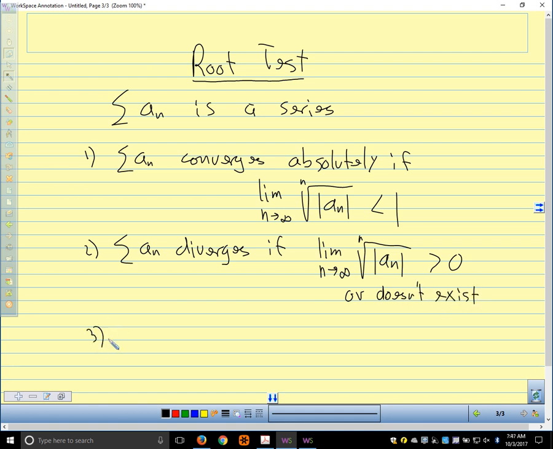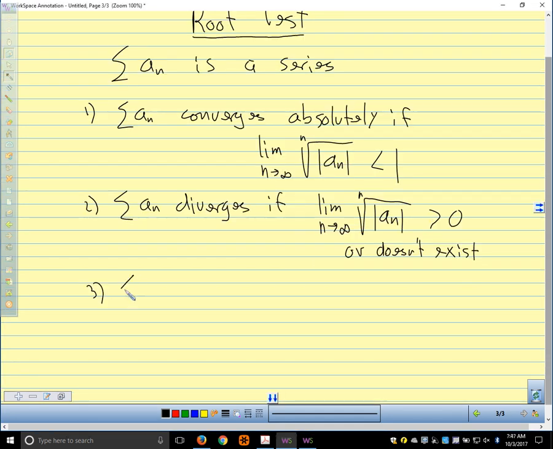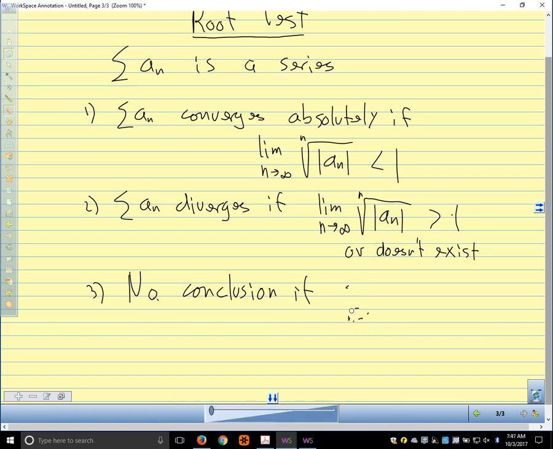And our third condition, if it equals 1, we have no conclusion. So that tells us do something else.